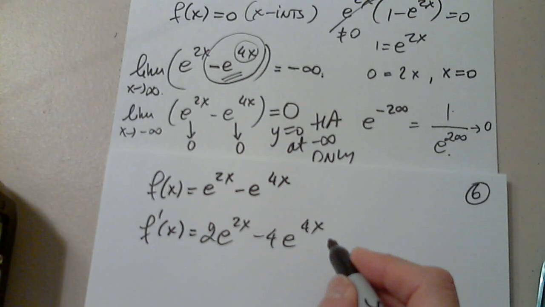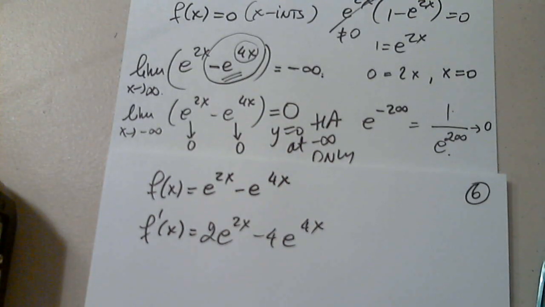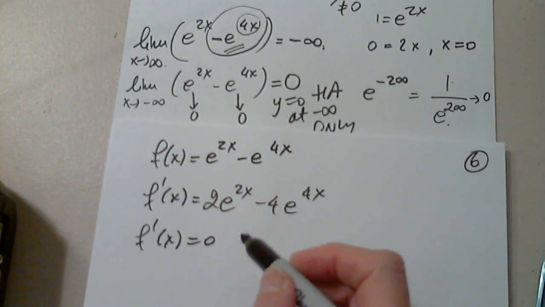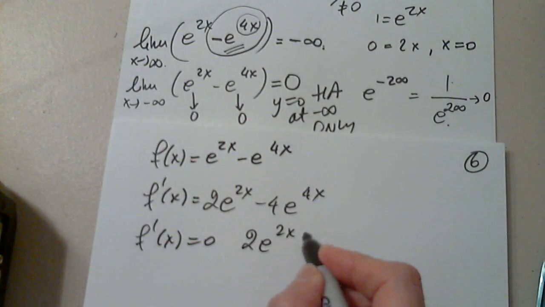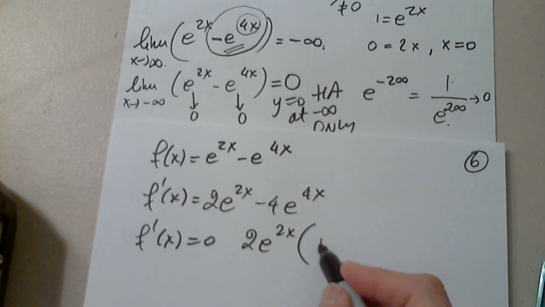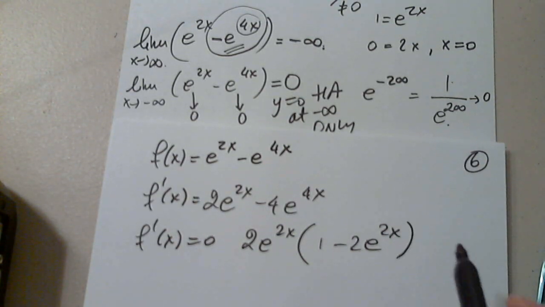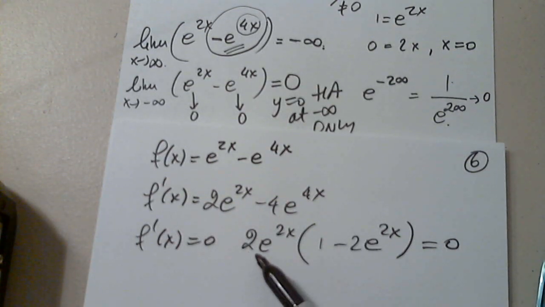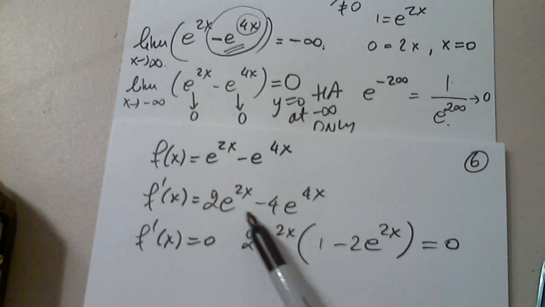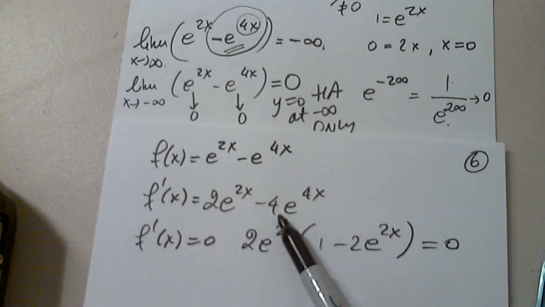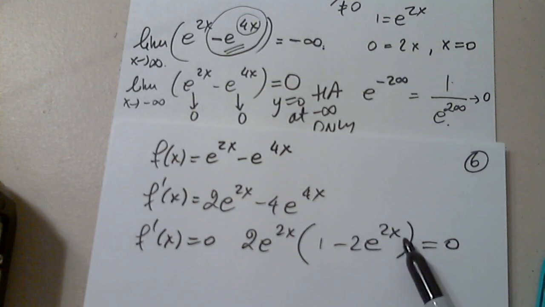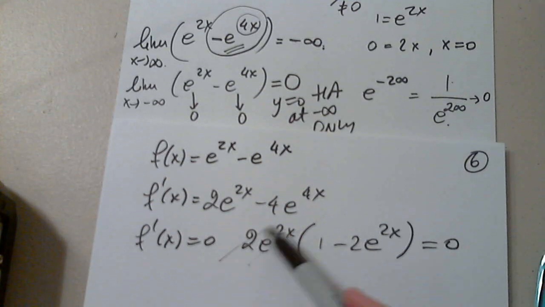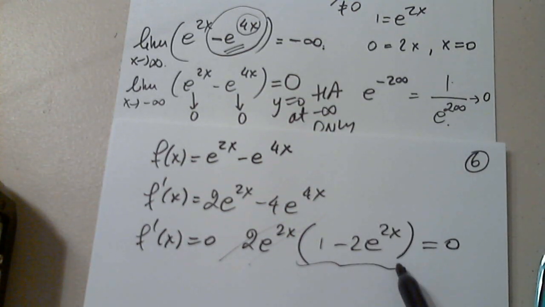Now, when I set this equal to 0, because it will never be undefined, for f prime of x to be 0, I will factor out the same thing, and I have 1 minus 2e to 2x. So I factor out 2. 2 times e to 2x times 1 is this, minus 2 times 2 is 4. E to 2x times e to 2x, copy the base, add the exponents. This cannot be 0, this cannot be 0, but this can be 0.